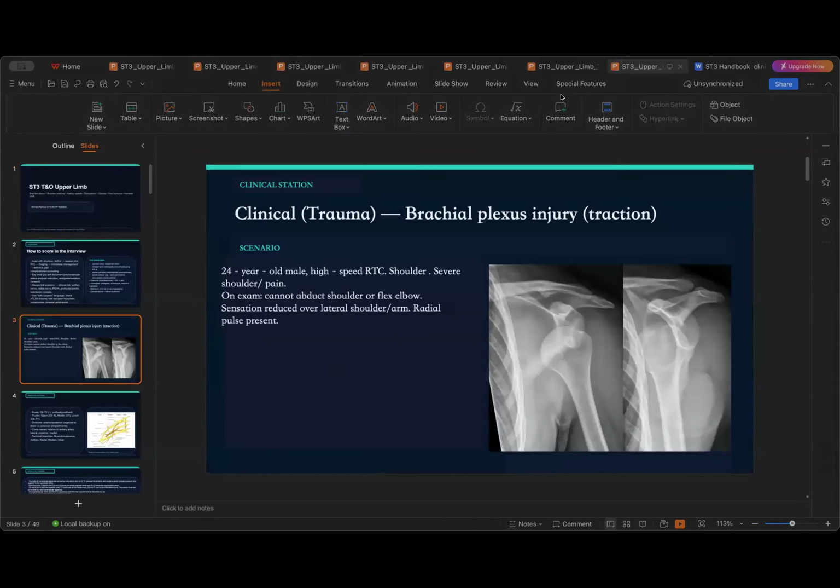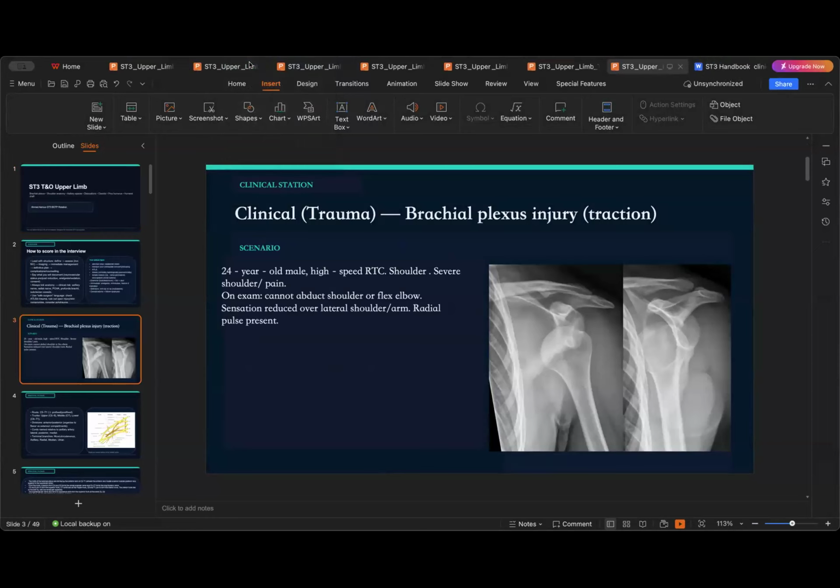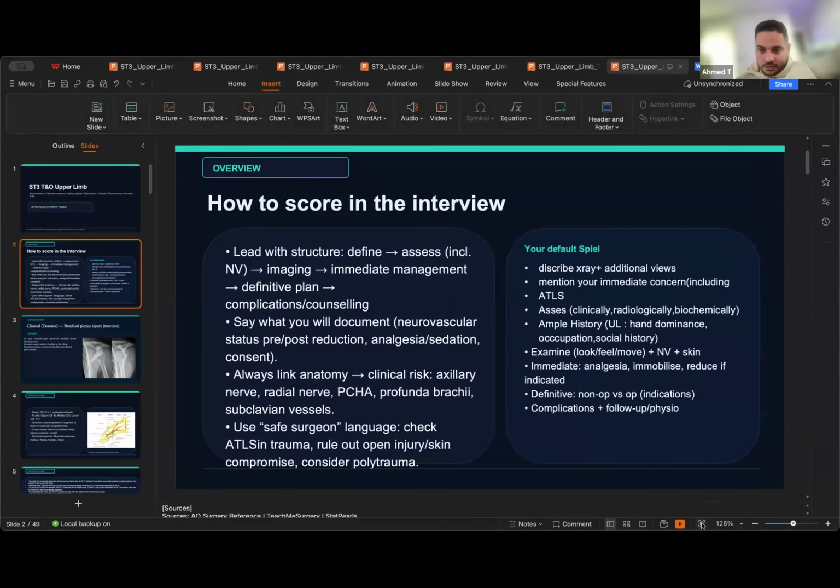If you make it slide share, it'll be clear. Can you see now?